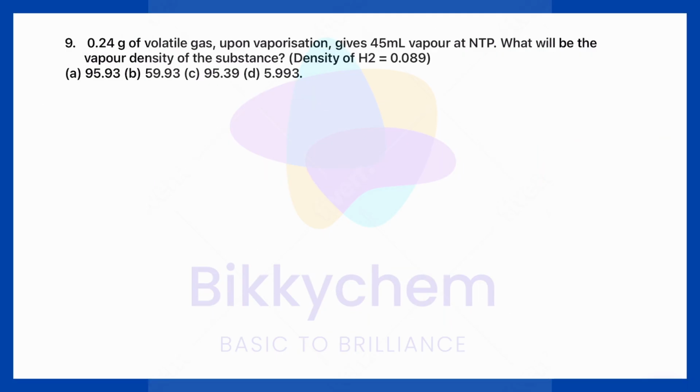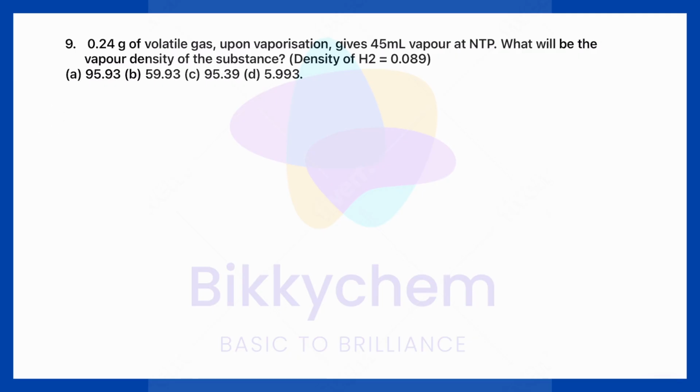Okay, dear student, let's see the next question, that is 0.24 gram of volatile gas on vaporization gives 45 ml vapor at NTP. What will be the vapor density of the substance? The density of H2 is given here.